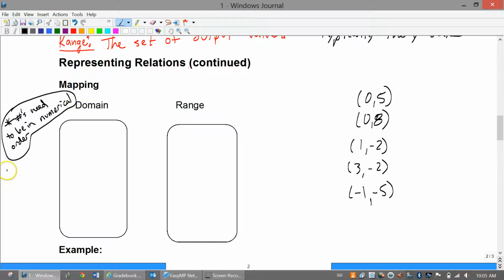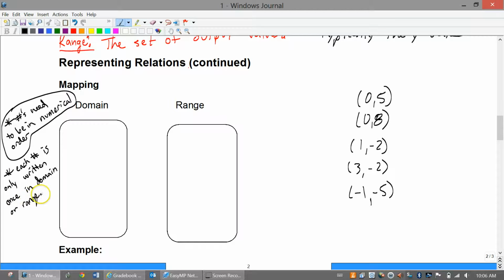The other pointer is that each number, this one's hard to articulate, is only written once in the domain or the range.